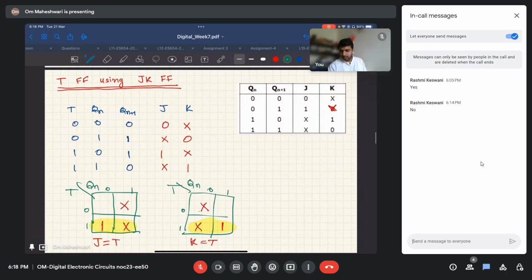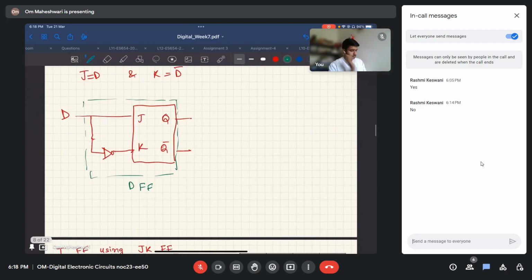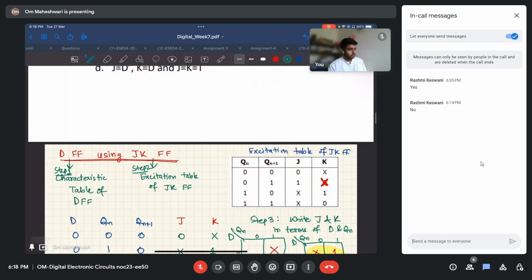Is there any doubt in any of the steps? So what we have to do is just for that flip flop that you want to make, make the characteristic table. The flip flop that you already have, make the excitation table.